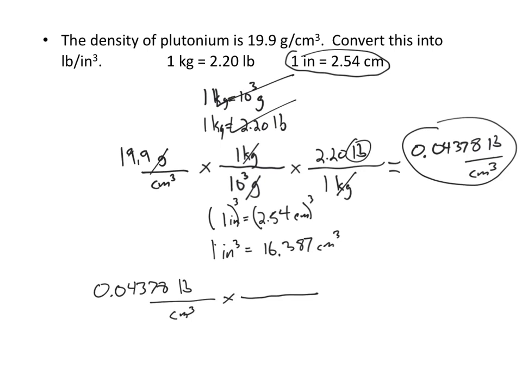So the centimeters cubed will cancel, and then the 1 inch cubed will be in the bottom, which is where I ultimately want it. When I multiply those two out, I get 0.7, and now I do want the right number of significant figures, so I should have 3 sig figs, 0.717 pounds per cubic inch.